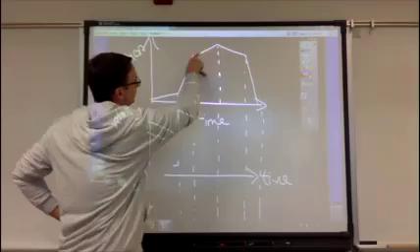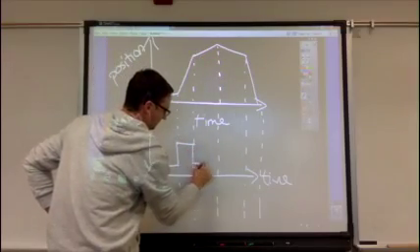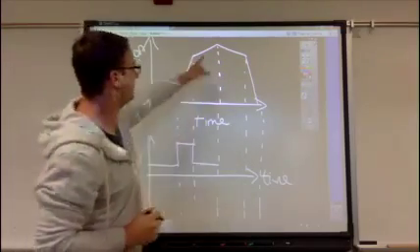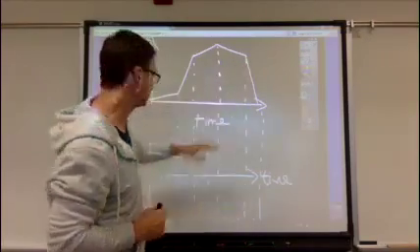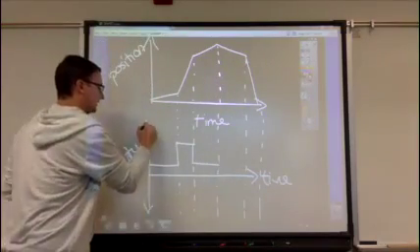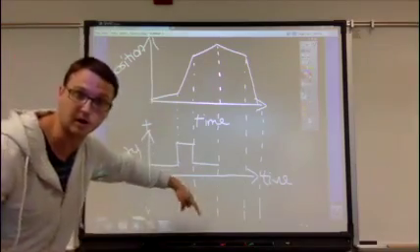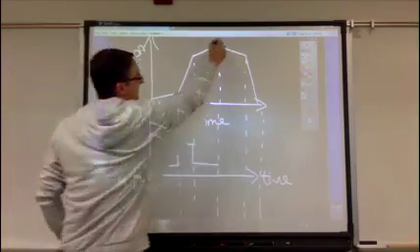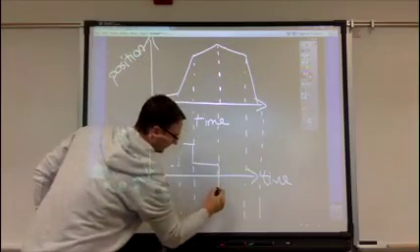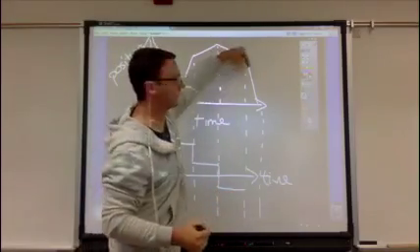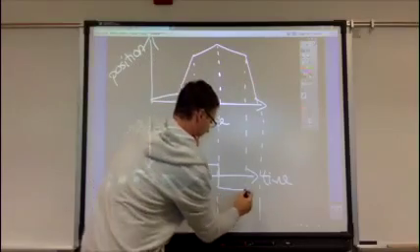Then we go back down to a very small velocity. And then we end up going to a negative velocity. So all these numbers up here are positive, and all these numbers down here are negative. So I need to go below the timeline to go to a negative velocity. And I have a very steep negative velocity.